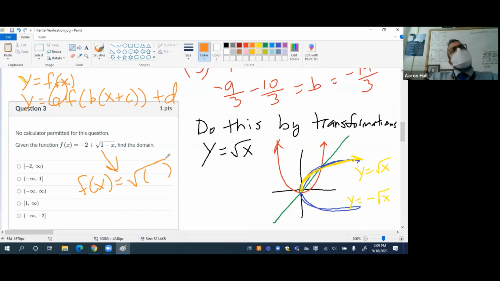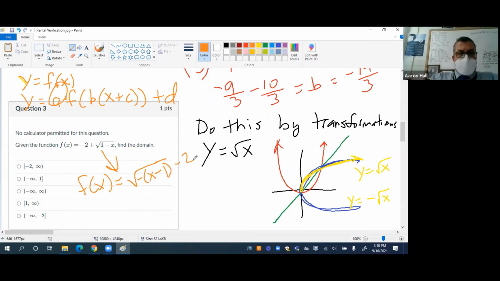I just want you to tell me how to rewrite this inside of here so it looks more like this. How about negative x minus 1? Does that look right to you? Is that the same if I distribute back? Negative x plus 1, is that the same? Okay. And then my d value is what?